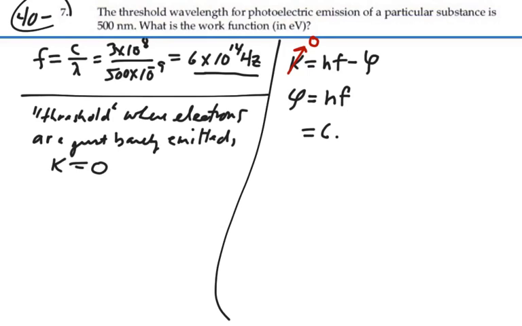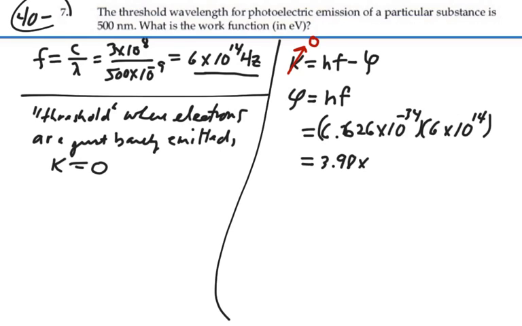And that is going to be 6.626 times 10 to the minus 34 times this threshold frequency, 6 times 10 to the 14, and that is going to give us an energy of 3.98 times 10 to the minus 19 joules.